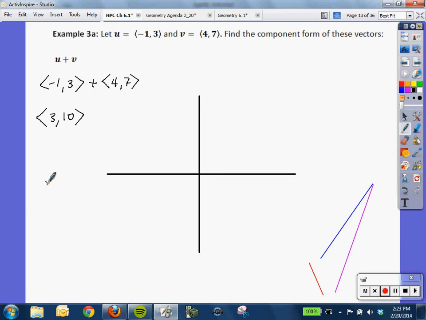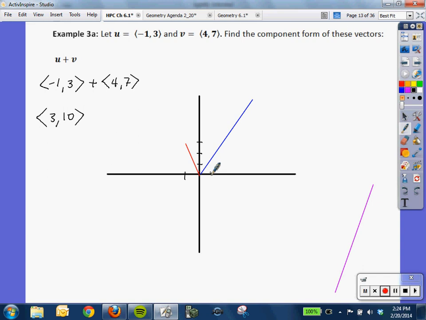Let's go ahead and understand the geometric meaning behind all of this. Okay, so we have minus 1, 3, and so that is this vector right here. I'm going to go minus 1, 3. Okay, and then the other vector is 4, 7, so that is this vector in blue. I'm just going to pull that over here.